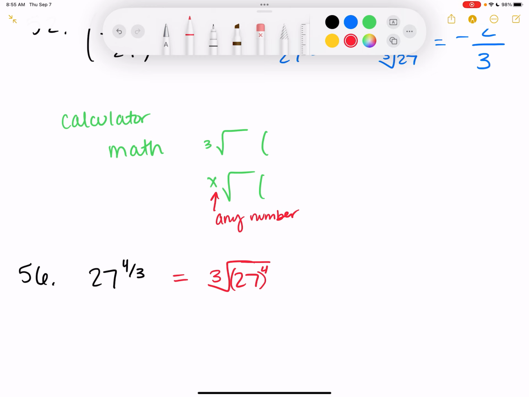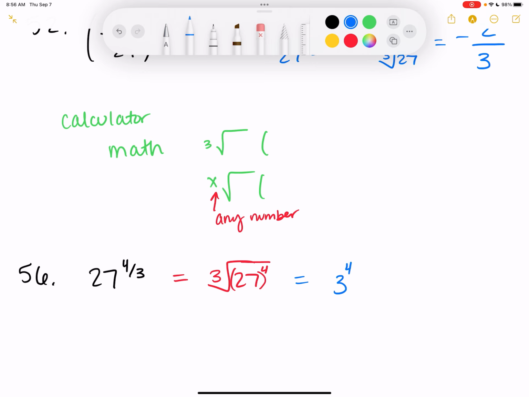Now, some people get super excited and decide, I'm going to do 27 to the 4th first. That's fine, but it's going to make your life a little bit more difficult. So I do the root first. So the cube root of 27, we had just said, was 3. So I can look at this now as 3 raised to the 4th.